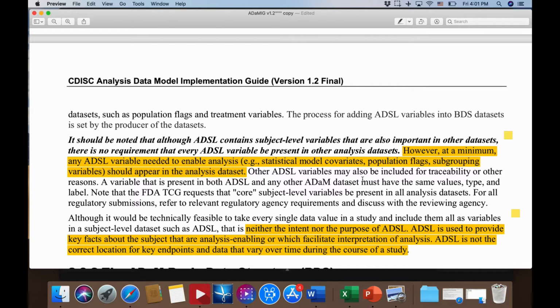You might need to consider including statistical model covariates, population flags, subgrouping variables, and other variables like some identifiers. At the minimum, you should include these variables.